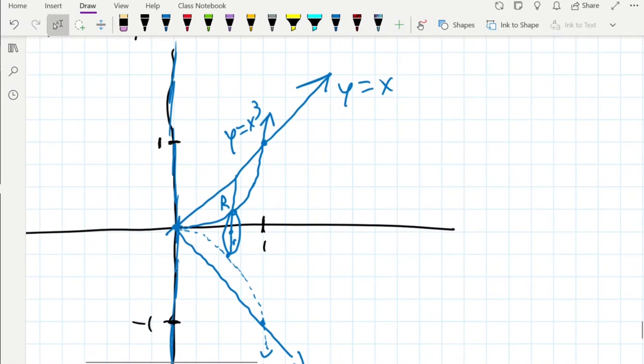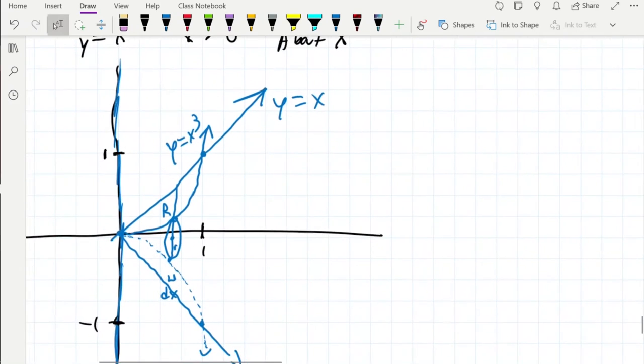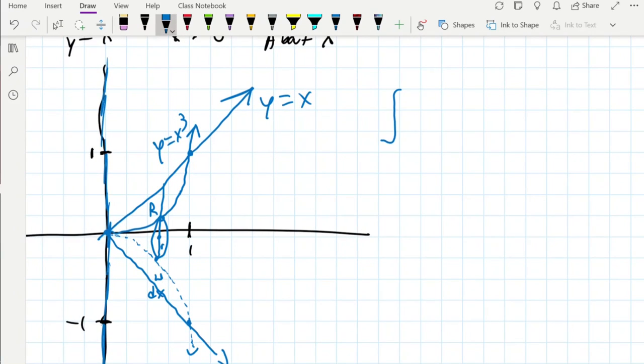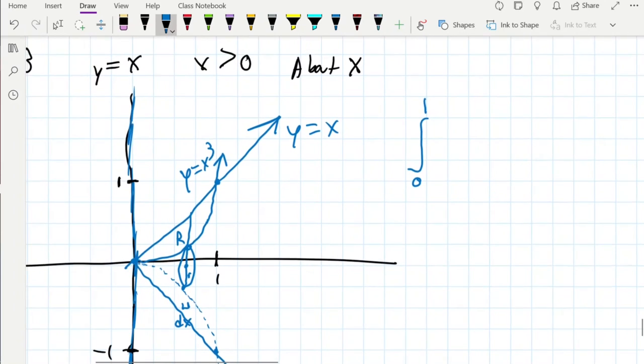So for this, we're going to want to use dx. So we're going to want to take the integral from 0 to 1 of our big R, which equals y, which equals x, as it is just this.